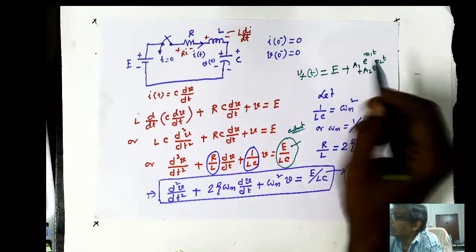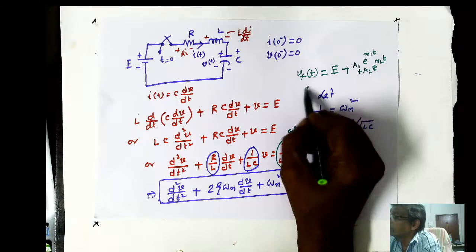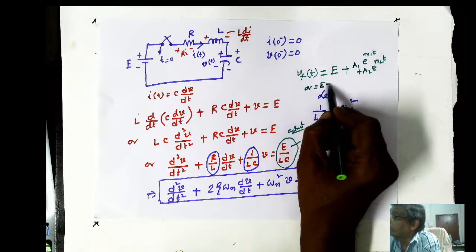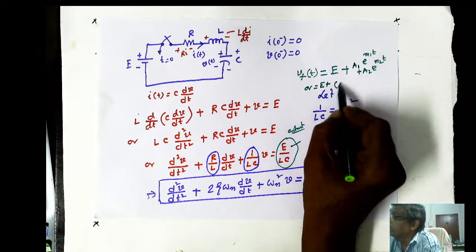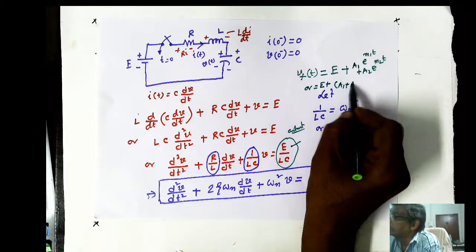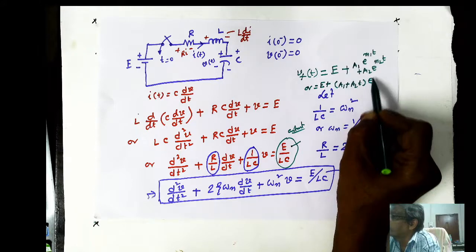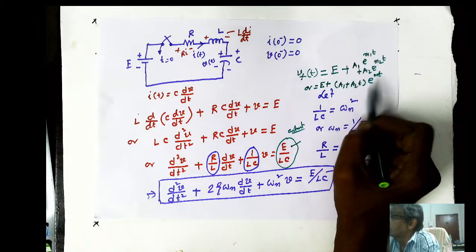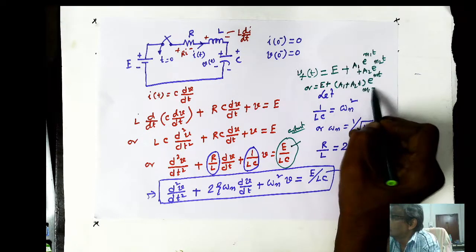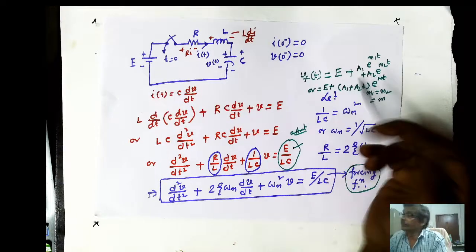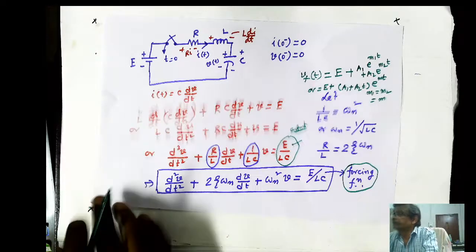Or this could also be equal to E plus (A1 plus A2 t) into e to the power mt, if the roots are repeated, that is M1 equal to M2 equal to M. Depending upon the situation, we will do that. Okay, so this you have understood.